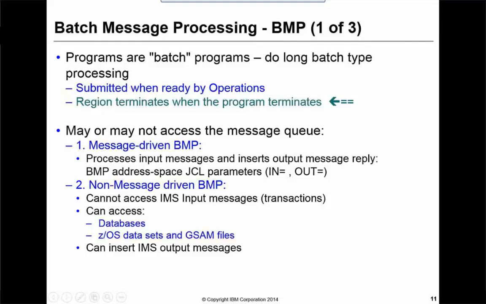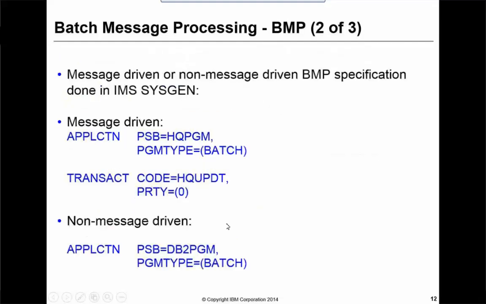They don't process transactions. They simply do long, elaborate processing by going through the databases or data sets. GSAM files is another form of data set. And they can insert outbound messages, but they can't take input IMS transactions. So two types of BMPs, message-driven and non-message-driven BMPs. But again, they're designed to do long, elaborate batch-type processing that may run into the minutes.